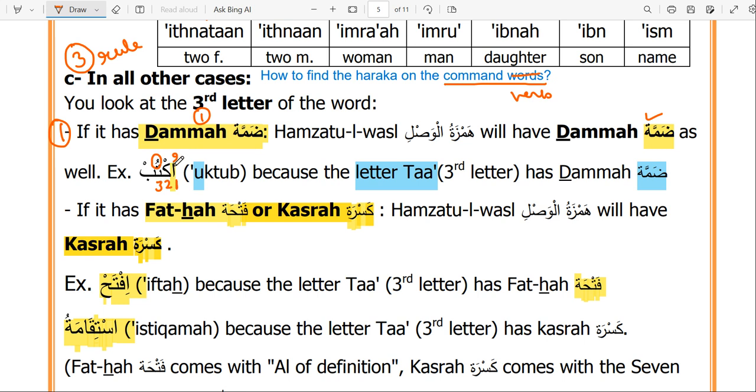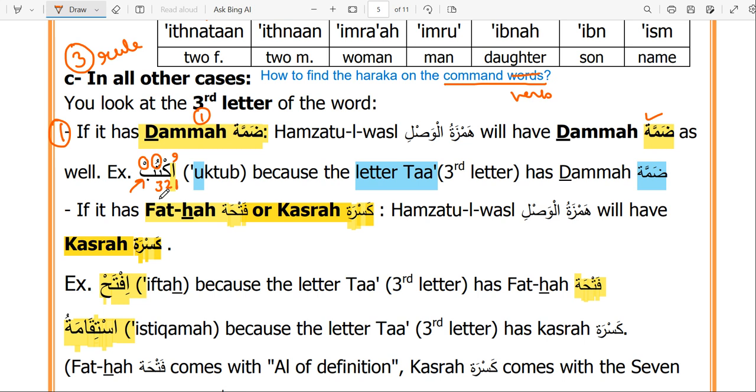And how do I know this is a command verb in Arabic? Check the last letter. It will always have a sukoon. But sometimes you will not find a sukoon in Uthmani script, but some other harakas. But it doesn't mean that it's not a command. I will show you some examples from the Quran at the end of the lesson, inshallah.